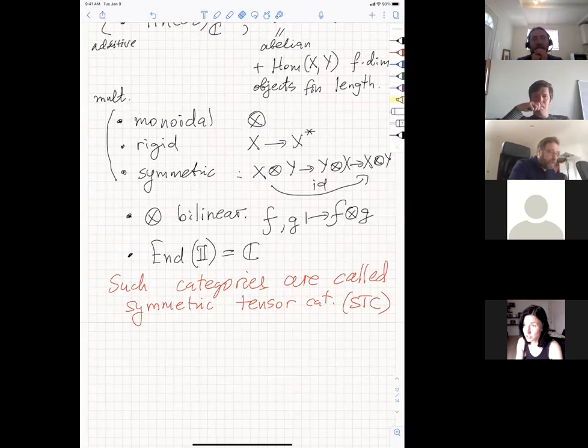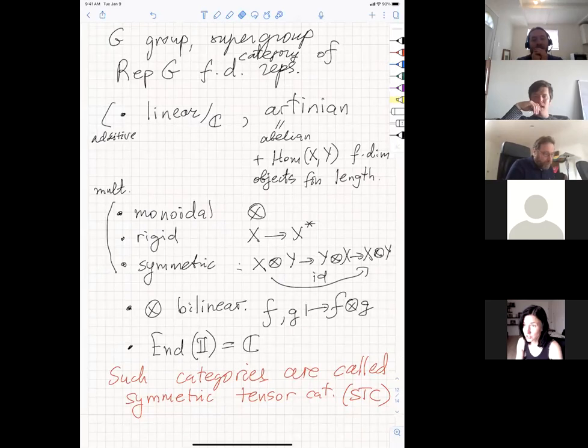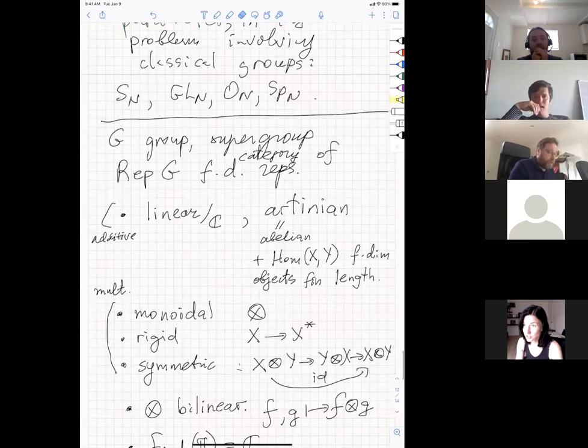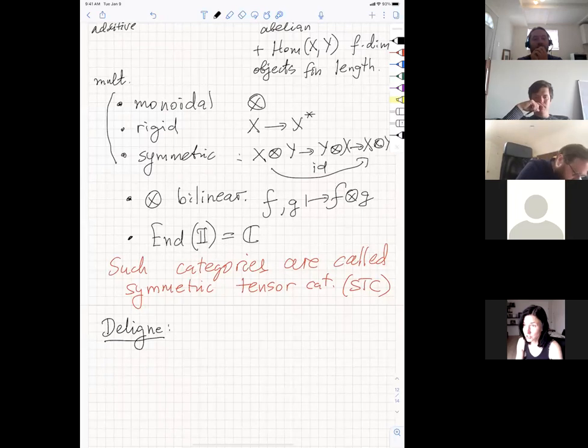And the question is, to what extent they are more general than just representation categories. This question was asked and answered by Deligne. It turns out that they are more general than representation categories. But if you impose one extra condition, then it's exactly the same as representation categories. So Deligne introduced the notion of moderate growth.